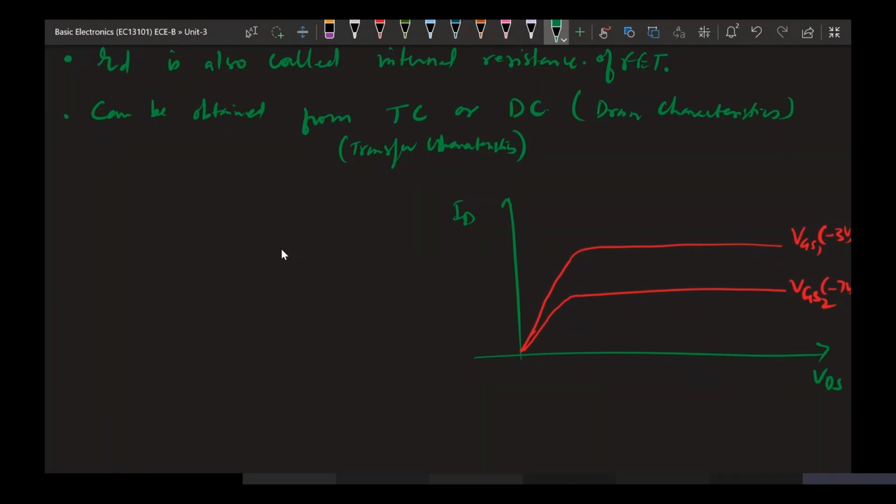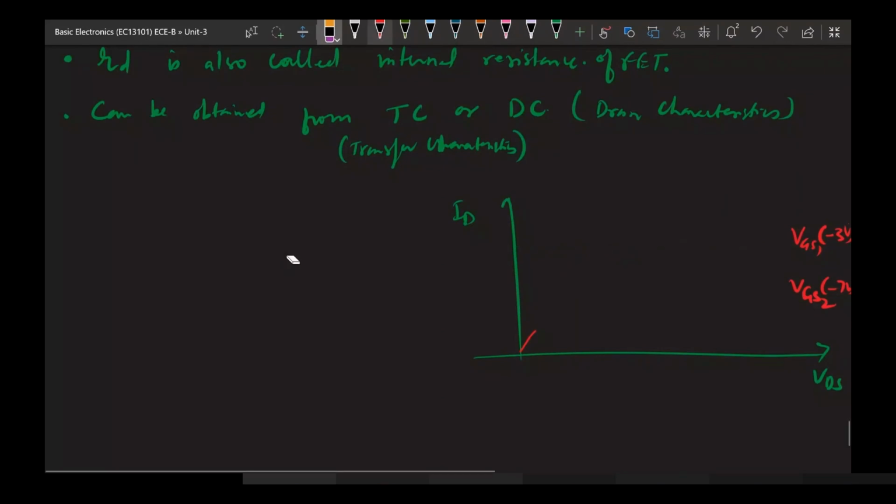For VGS1, suppose this is point 1. The curve is not actually constant; practically it has some increasing value instead of being constant.